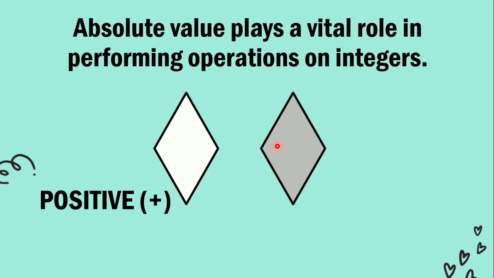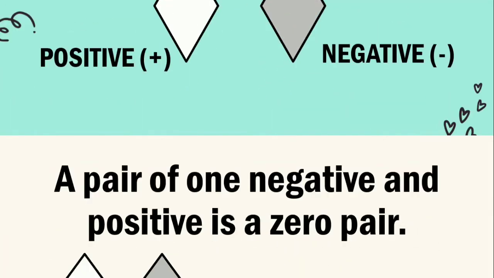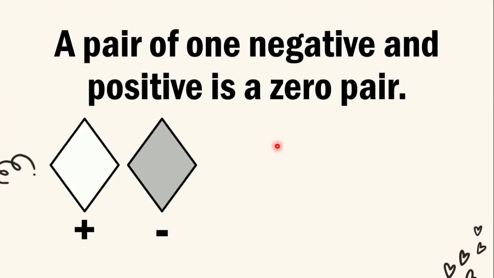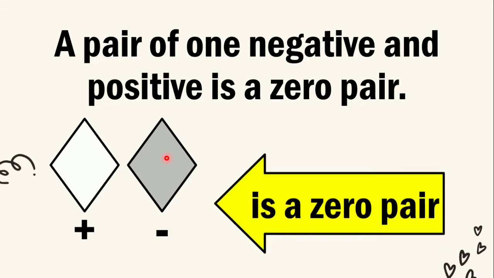This one, the gray diamond, represents the negative integers. So, a pair of 1 negative and 1 positive is a 0 pair. If there's 1 positive integer and 1 negative integer, automatically their value is 0.